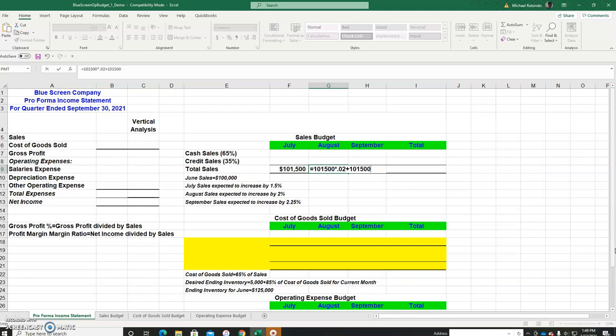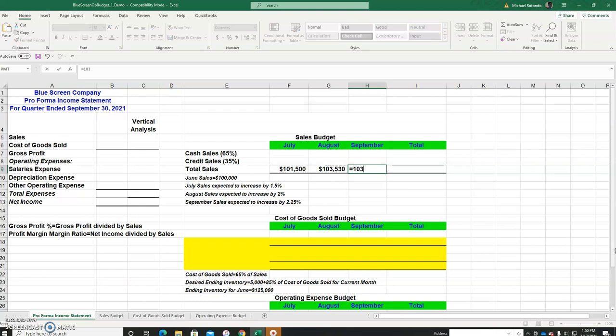Or we could take the 101,500 times 1.02, or 102%. And we're going to get the same number, because again, we're looking for a total, not just an increase. So we have to have the full number in there. So we get 103,530.